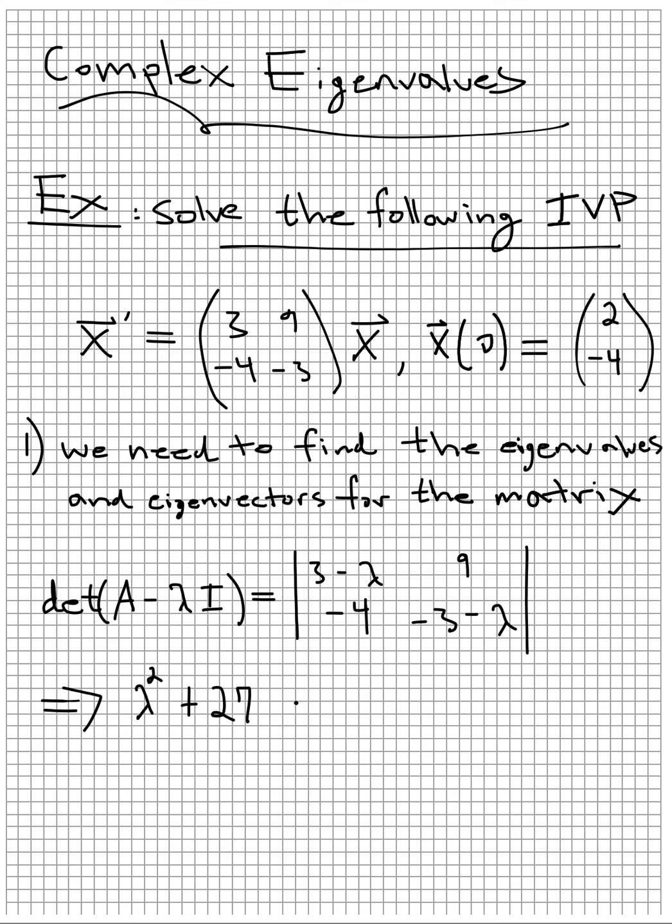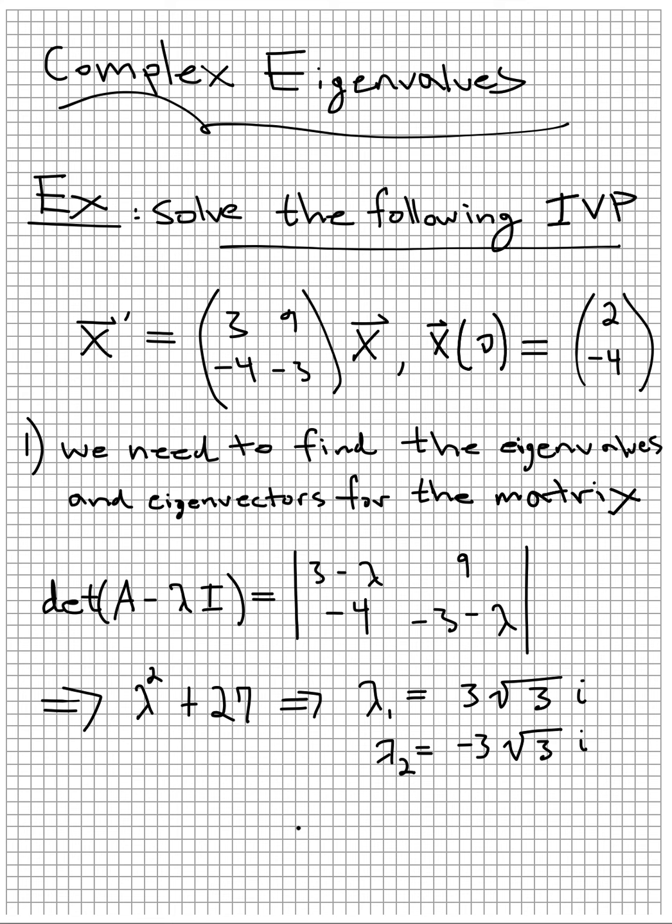So this implies we have two lambda values, lambda 1, which is going to equal positive 3 times the square root of 3 times i, hence the complex root. And lambda 2 is just going to be the negative version of that, so that'll be minus 3 times the square root of 3 times i.